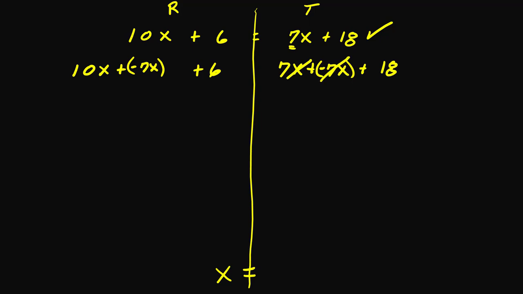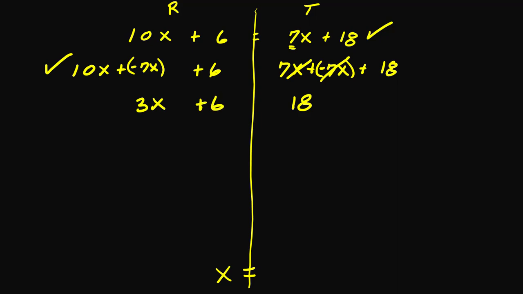We know that these 7x's zero out. That's called the additive inverse. That's why we do that. Now we have 18. Over here on the left-hand side, we have 10x plus a negative 7x. We know that this is really just a subtraction, adding the opposite. So 10x subtract 7x will give us 3x.